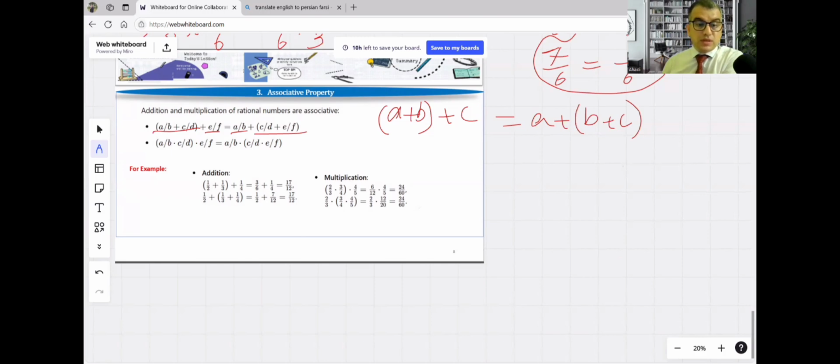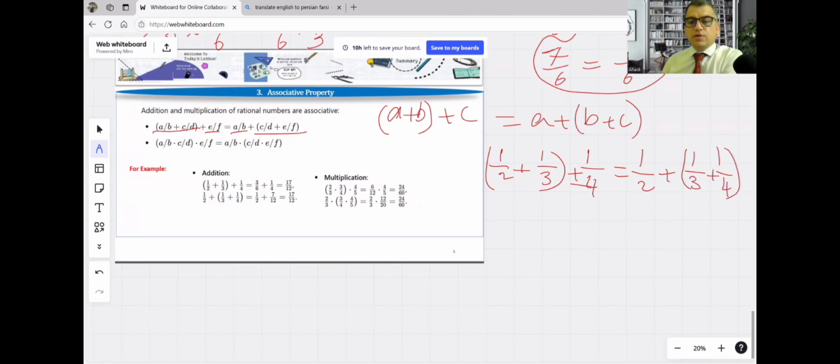Here are some examples. We have 1 by 2 plus 1 by 3, then plus 1 by 4, and that is equal to 1 by 2 plus the sum of 1 by 3 plus 1 by 4. If you add both sides, the result will be same.